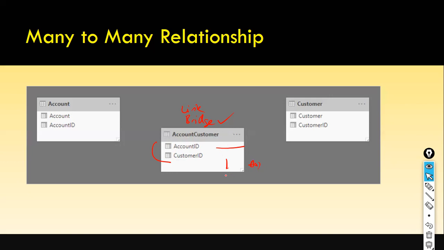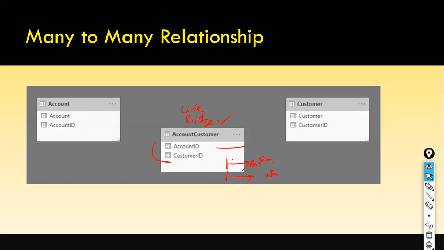But the same account, a single account, can be held by more than one customer. This is customer ID 2, let's say son and mother. The same account ID A01 is held by both son and mother.